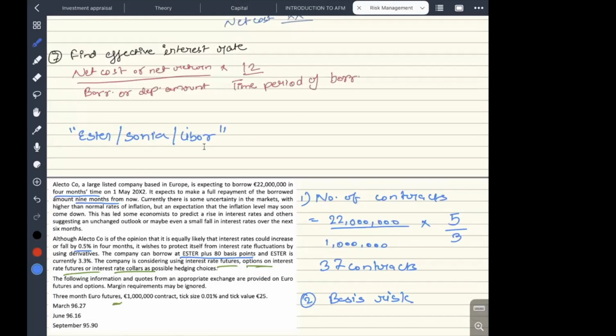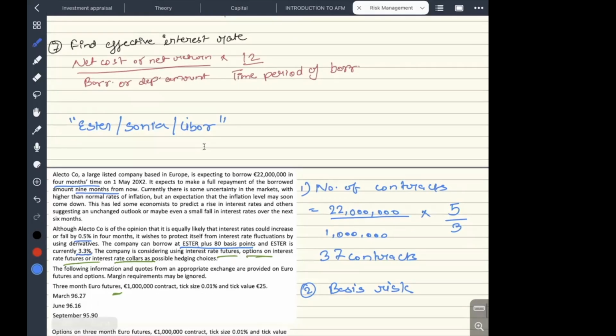Whenever we have to hedge interest rate risk, we use these things. So now over here, what is LIBOR? LIBOR is nothing but Ester over here. Okay? Don't get confused. So plus 80 basis points and Ester is currently 3.3. Okay? Ester is currently 3.3.